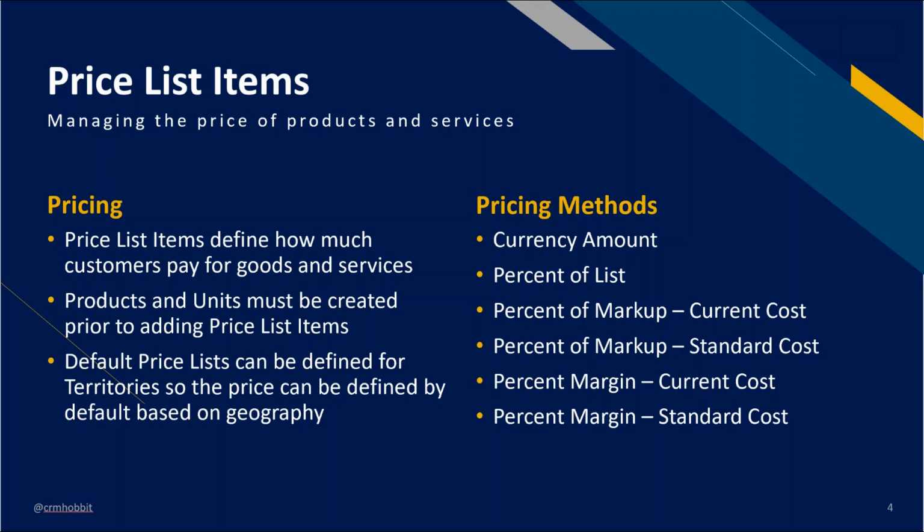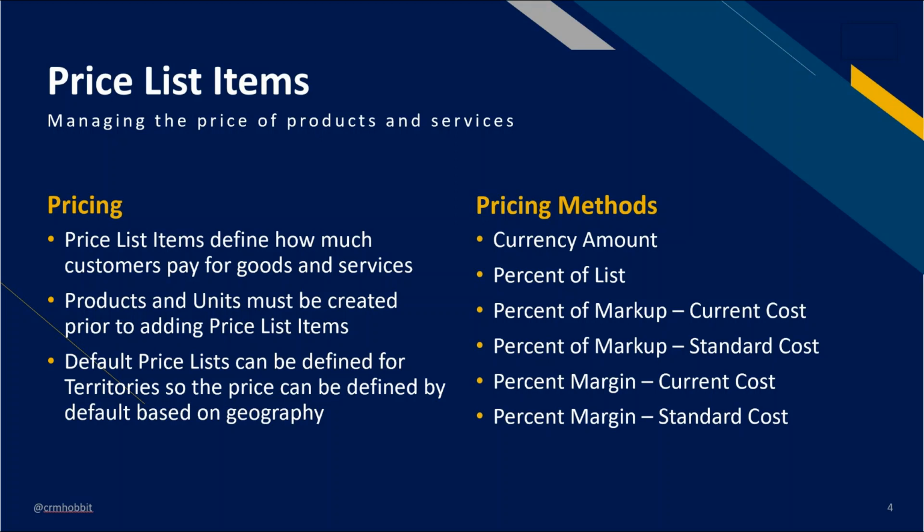So for percent margin current cost, you're going to use that to derive a price offered in the price list to yield a percentage margin of the current cost of that product. So for example, if your cost is $100 and you want to maintain a 20% margin, your price is going to be $120. And that would be derived either off current cost or standard cost, depending on which pricing method you select.